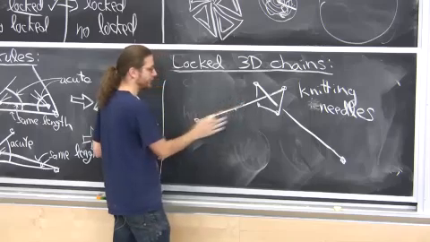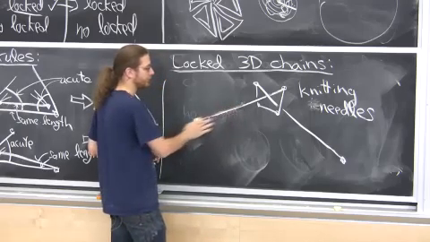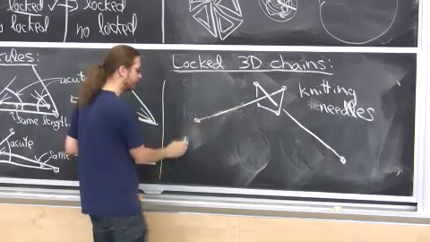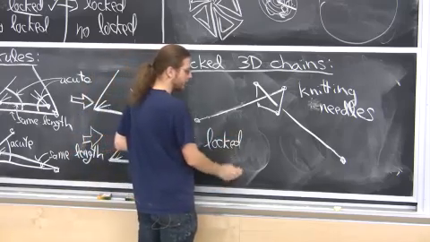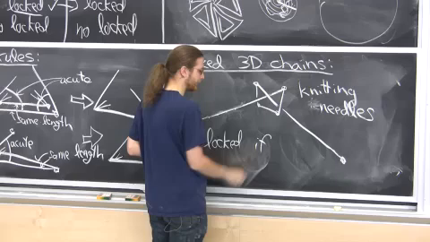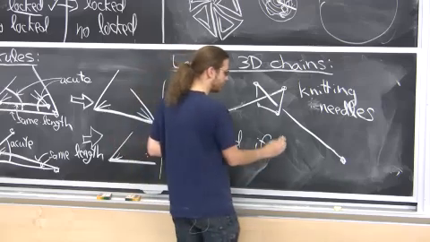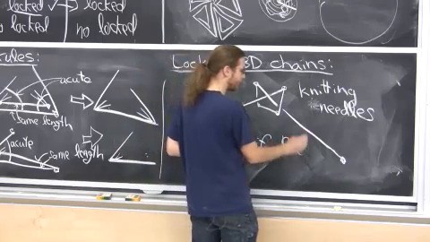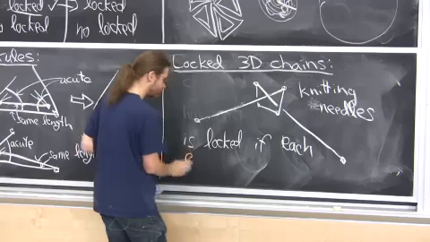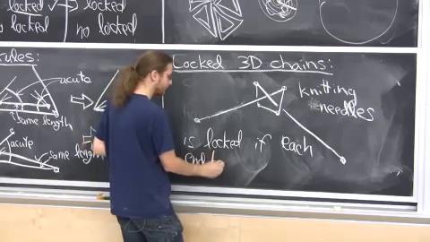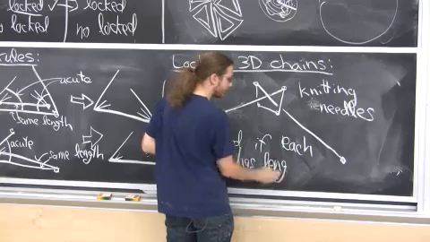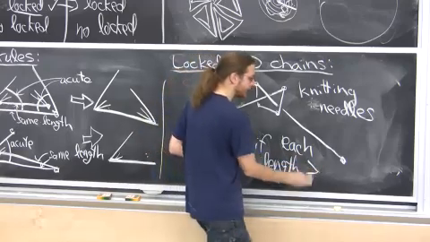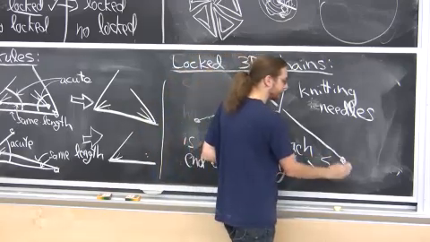But if this is rigid, like a linkage, then this thing is locked, provided each end bar has length strictly greater than the sum of the middle bars.